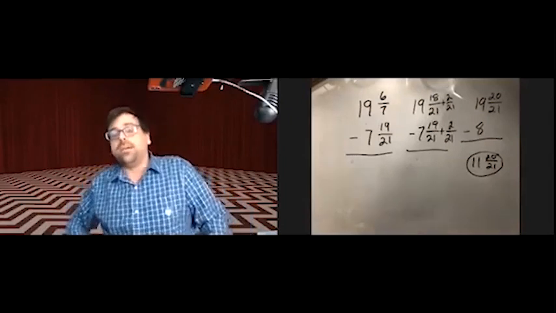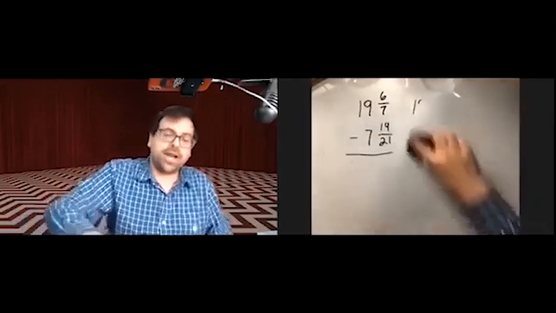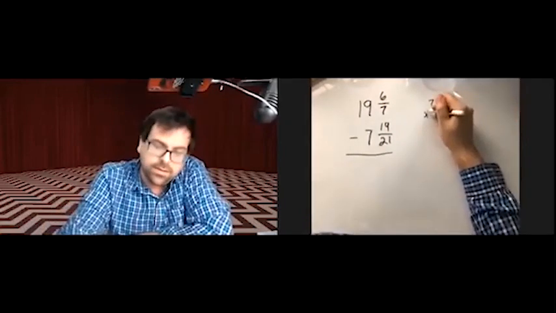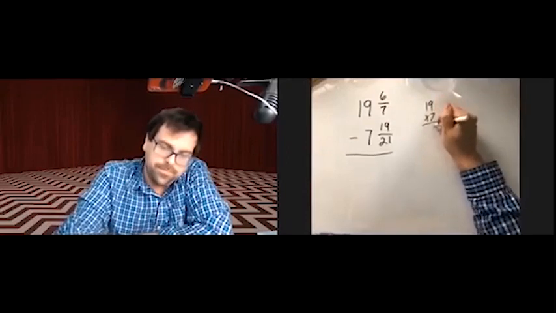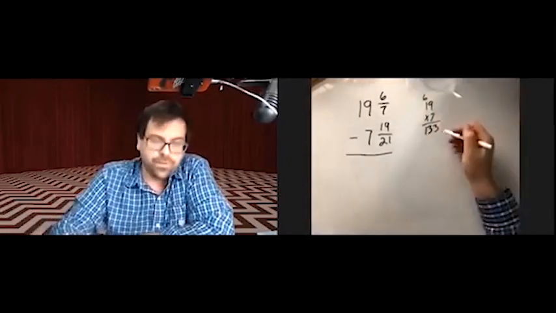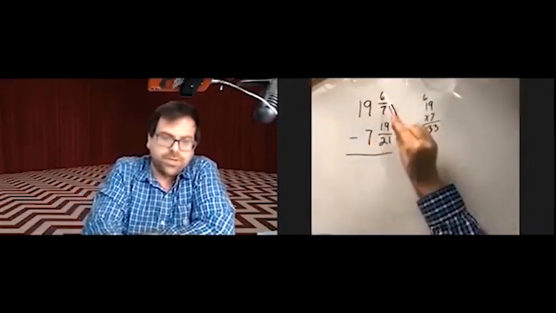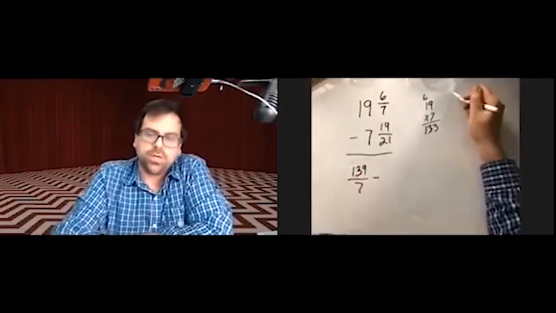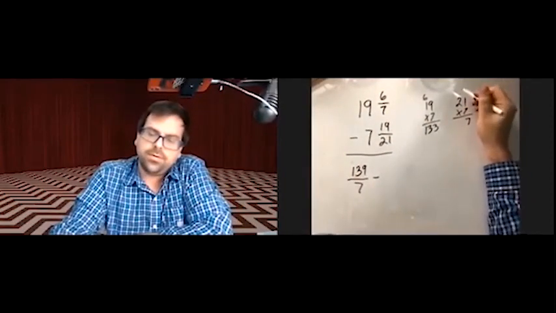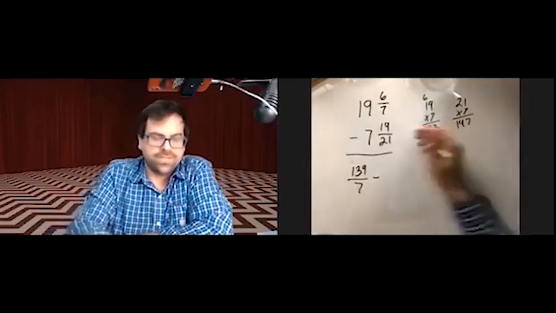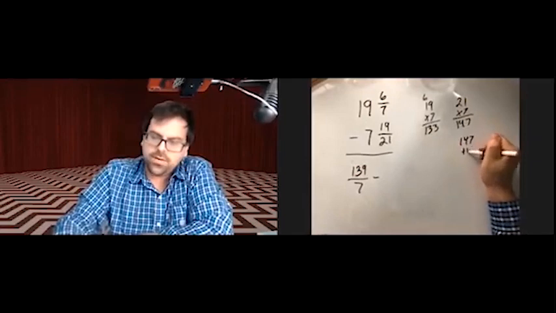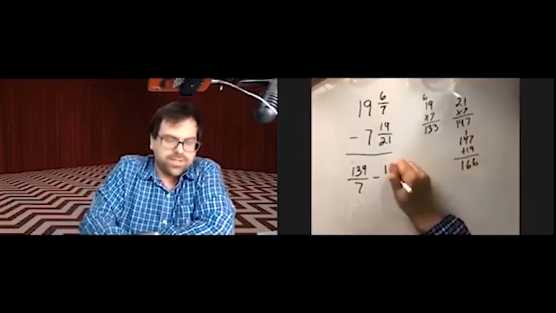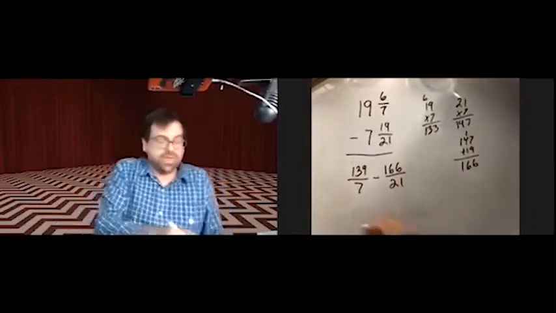And if you don't do the borrowing and you don't do the trick, you're stuck with improper fractions. 7 times 19 is 133 plus 6 is 139/7 minus 21 times 7 is 147 plus 19, 166/21, and then these both have to be 21s.